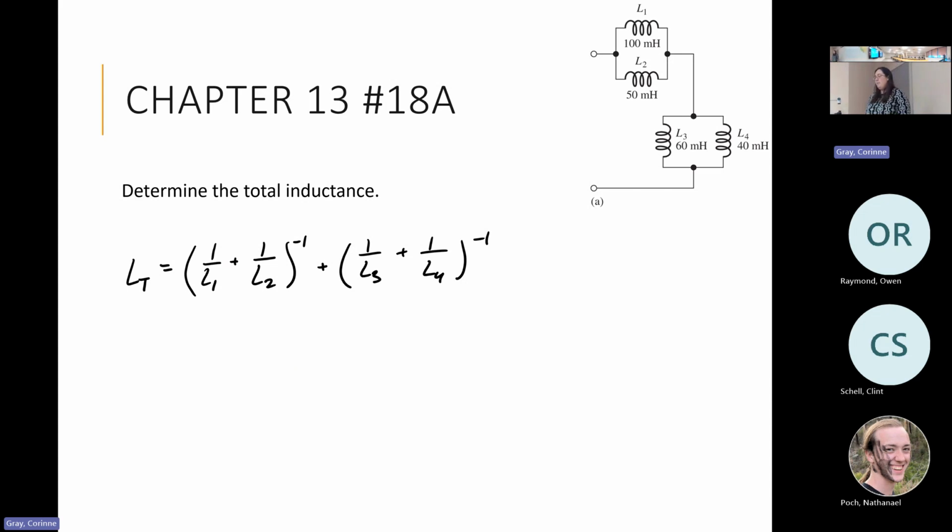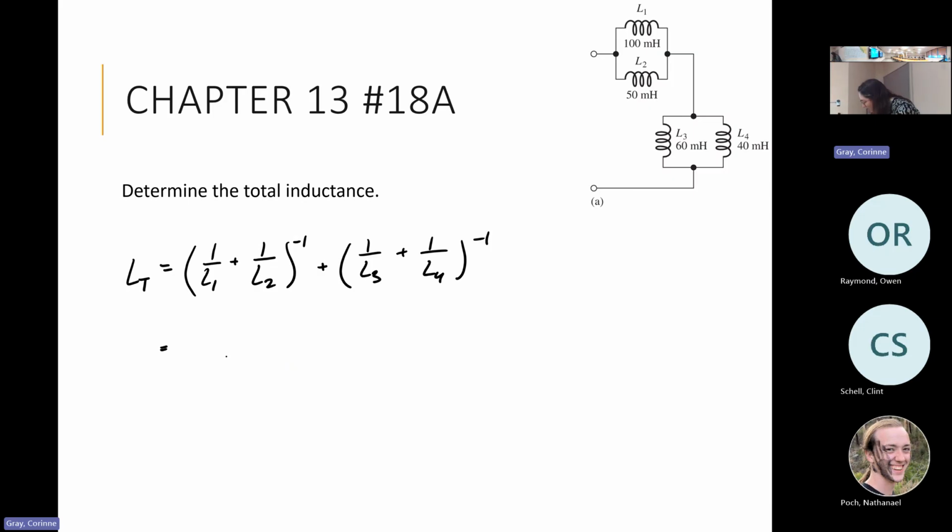Do I need to worry about conversions for A here? Why not? Yeah, they're all in millihenry, so I don't need to worry about it. We can just plug that in and go.